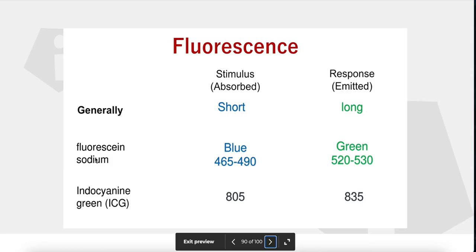What will it absorb and what will it emit, and what about the spectrum of ICG? The sodium fluorescein will absorb blue light in the range of 465 to 490 nanometer and emit green of wavelength 520 to 530. On the other hand, the ICG will absorb 805 and emit 835.